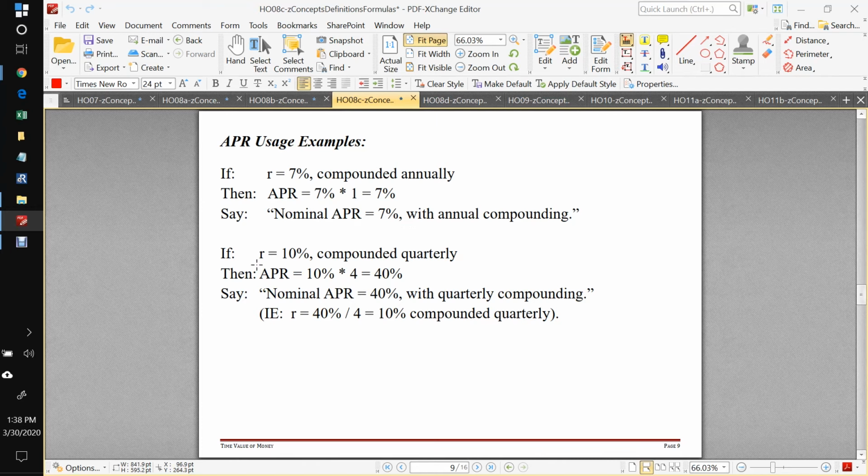If we have a native R of 10% compounded quarterly, then our APR would be 10% times 4, or 40%. And how would we describe it? We would describe it as our nominal APR equals 40% with quarterly compounding, okay? And knowing that, we can always get back to our native R by just dividing our APR by the number of compounding periods that are described in its definition.